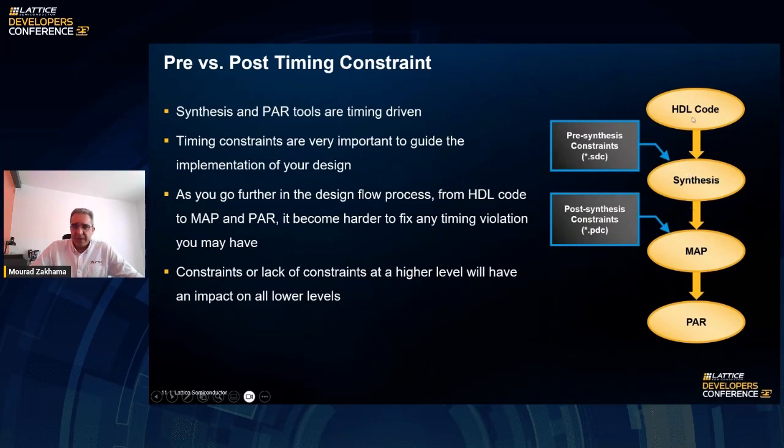It's important to fix these timing problems at the higher level so you don't carry them later on, where it becomes probably impossible or very hard to fix. I think I mentioned this: the constraints, or the lack of constraints, at the higher level will have an impact on all the lower levels. So make sure that you work from the higher level down in terms of integrating your timing constraints.